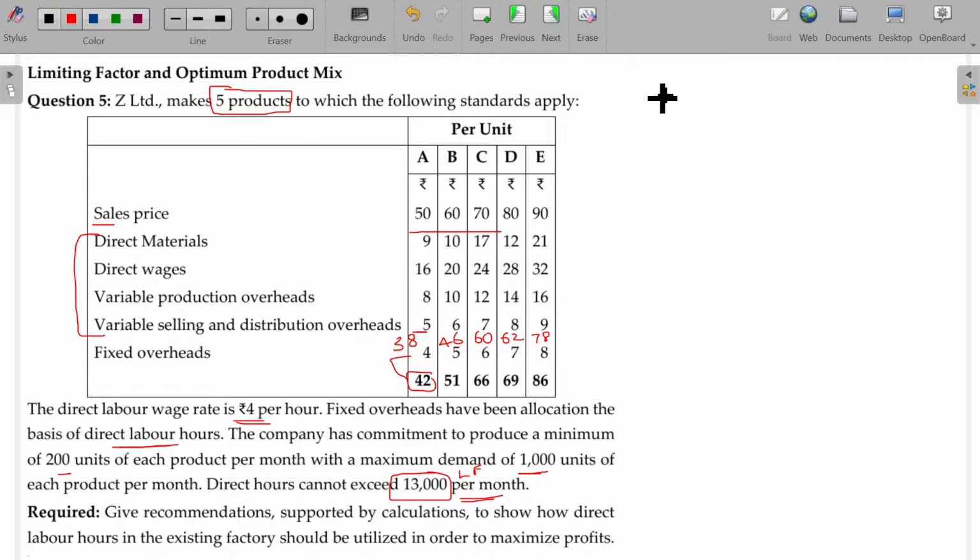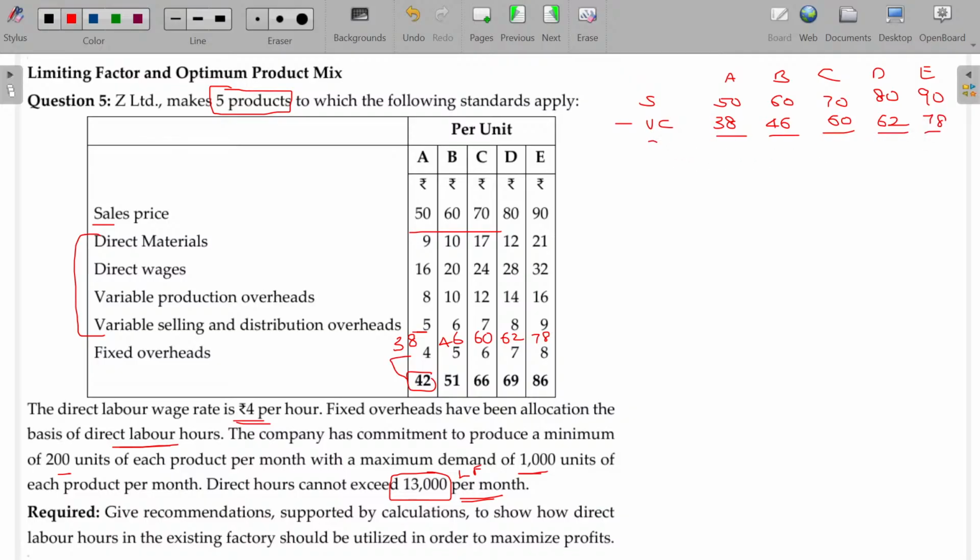Right. Let's start with the first one. A, B, C, D, E. Sales 50 rupees, 60 rupees, 70, 80, 90. Variable cost. How much is that? 38, 46, 60, 62, 78.